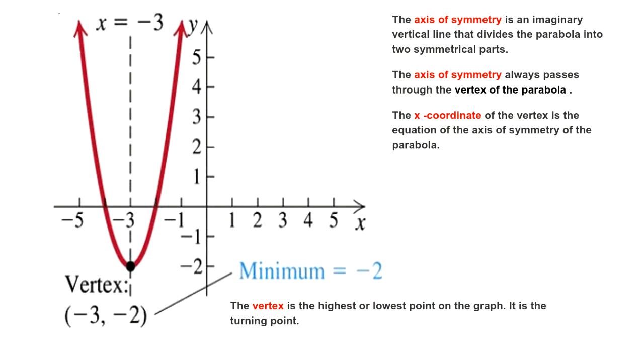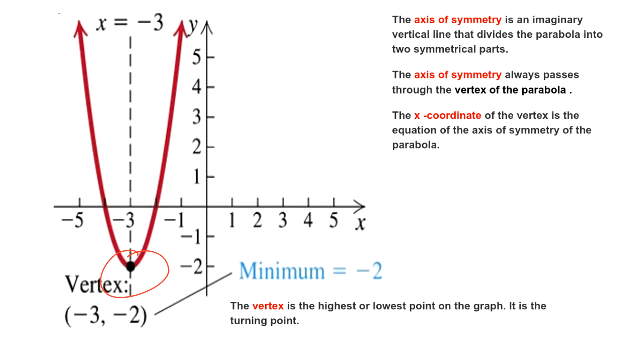So there are things that we need to know about our parabola. The highest or lowest point is our vertex. So here I have the lowest point, my minimum.